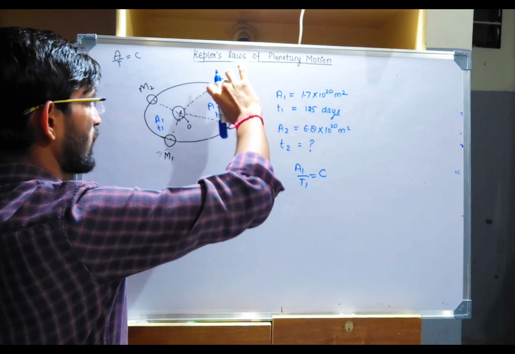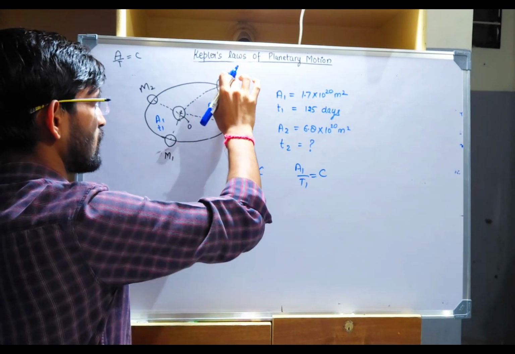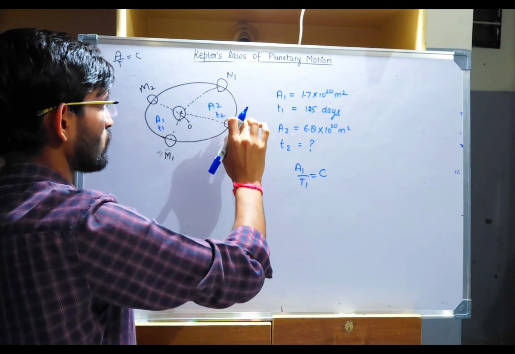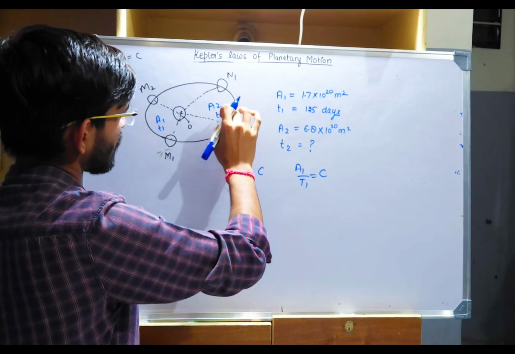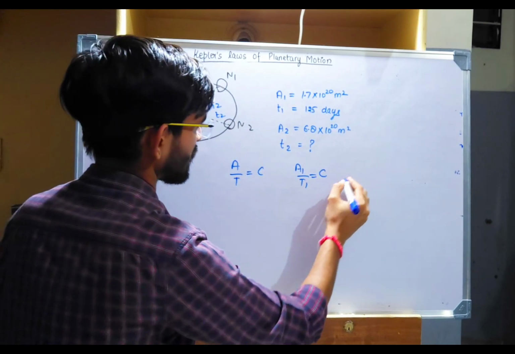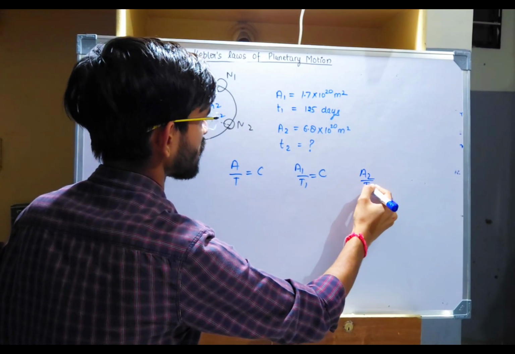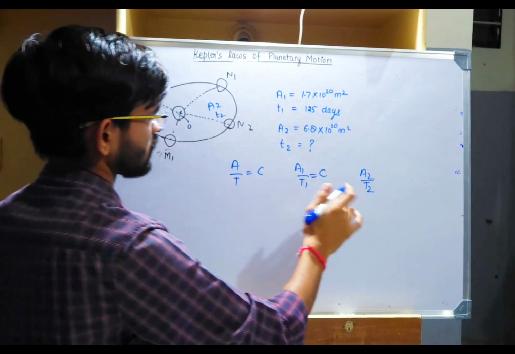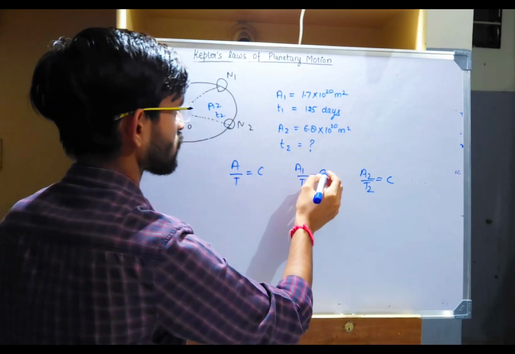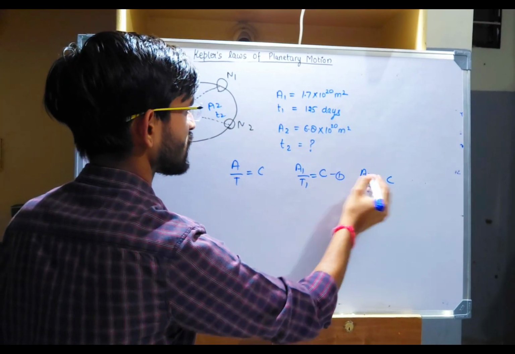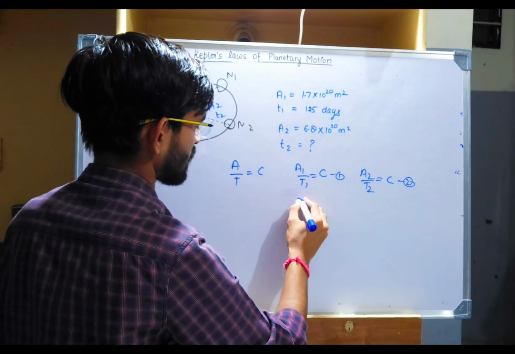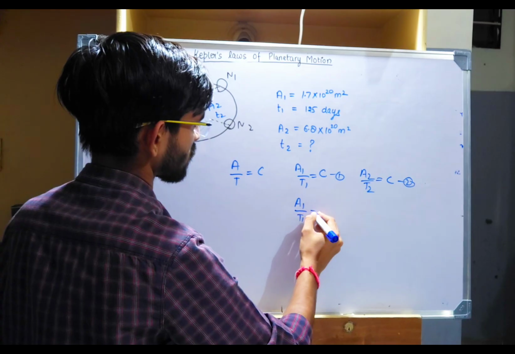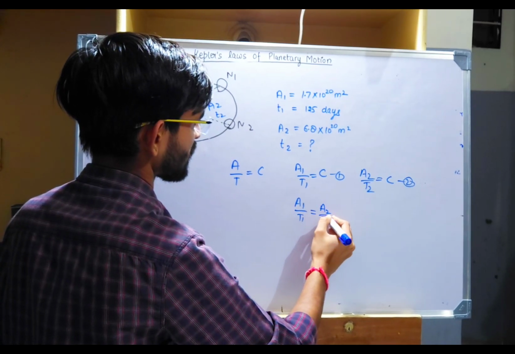And the area covered from n1 to n2 by time taken, that means A2 upon T2, the planet is same, this trajectory is same, so this will also be equal to this constant C. So from equation 1 and 2, A1 upon T1 equals A2 upon T2.